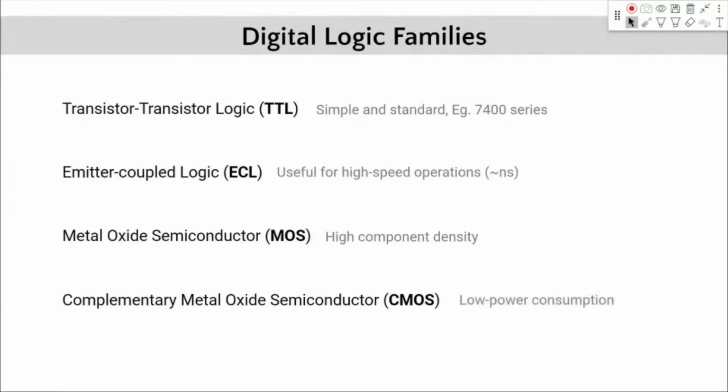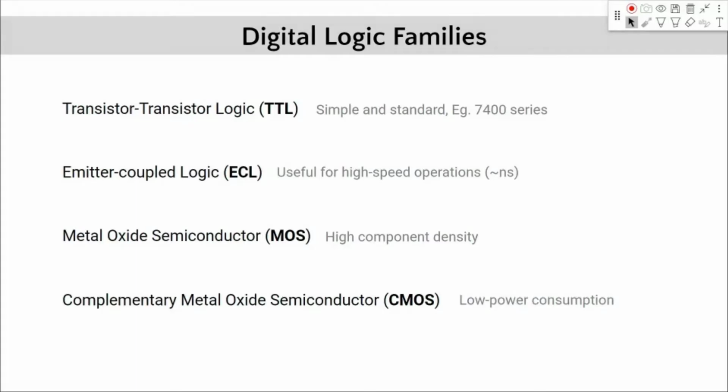And if you were looking for absolutely low power consumption and high component density along with it, you would go for CMOS. A lot of today's ICs, which you typically see in microprocessors or controllers or your computers, are based on CMOS families because they have to do a lot of operations, but they should not consume too much power.